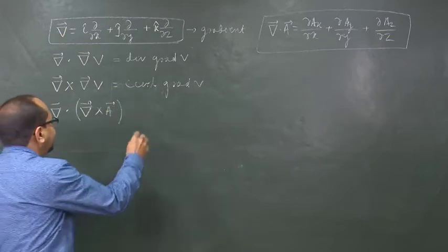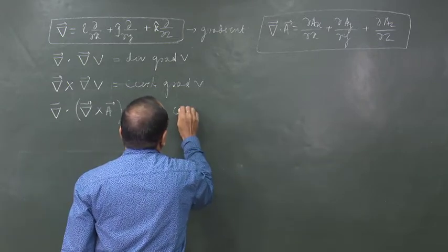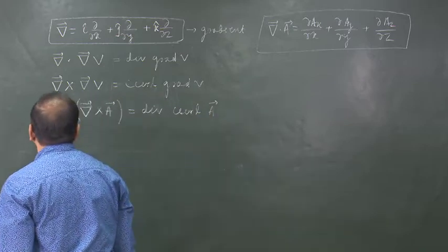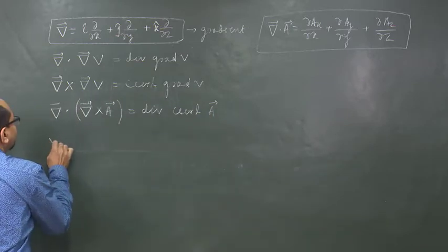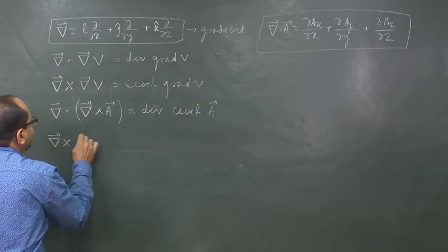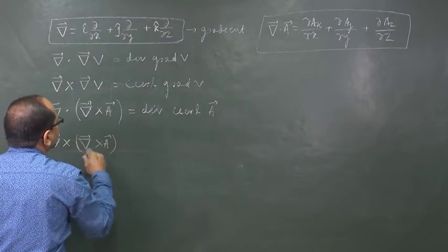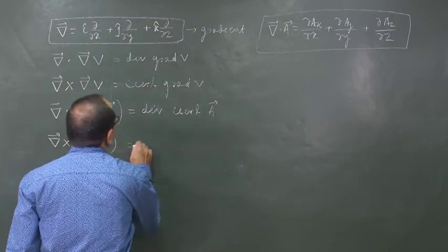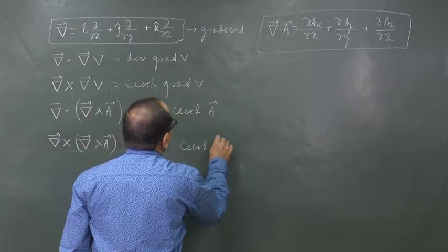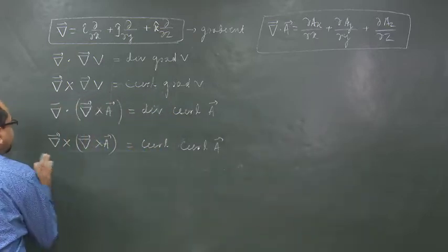This is divergence of curl of A. Then also we can have a curl of this vector. So, that is curl of curl of A.